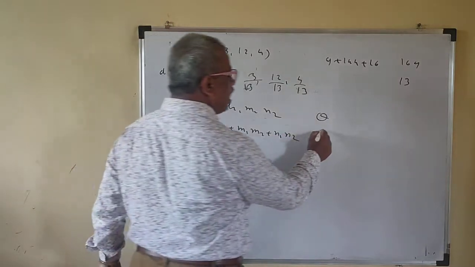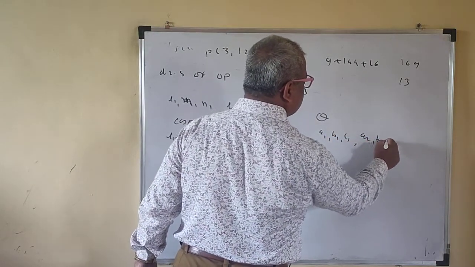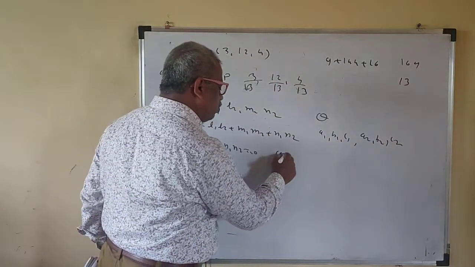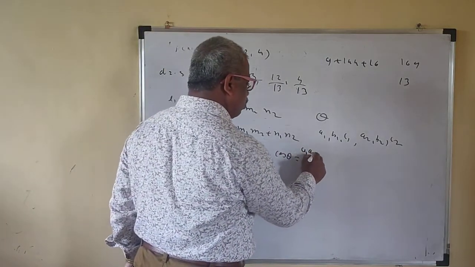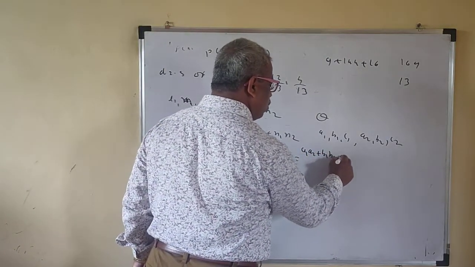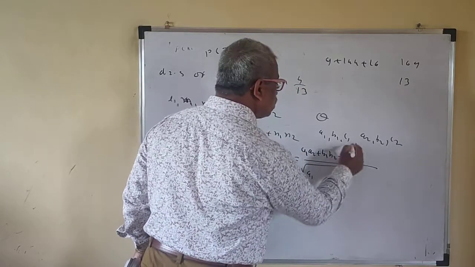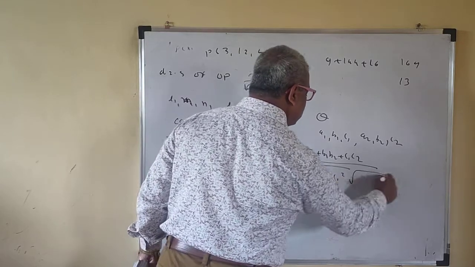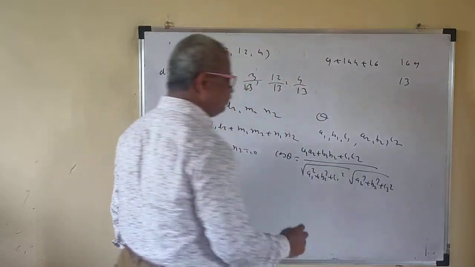If a1, b1, c1 and a2, b2, c2 are the DRs of two lines, then the formula changes. Cos theta is equal to a1 a2 plus b1 b2 plus c1 c2 upon the root of (a1 square plus b1 square plus c1 square) into (a2 square plus b2 square plus c2 square).